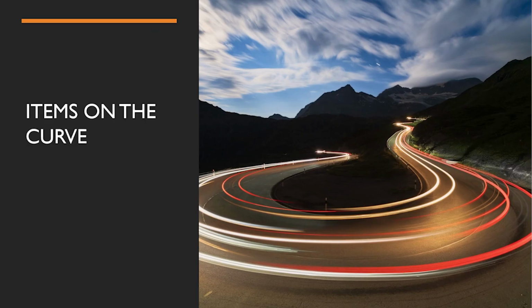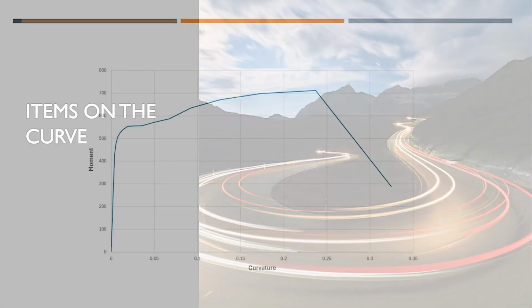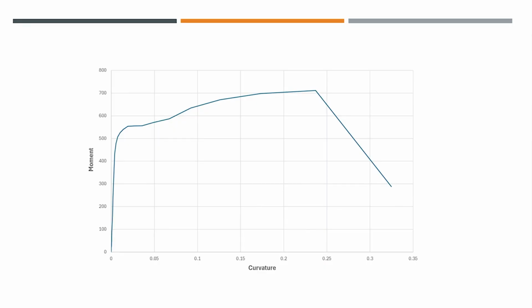So, items on the curve. This is the typical moment curvature curve. And you can see here there is a yield point kind of, and so first of all, the first cracking moment can be determined where the slope will change suddenly. Second one is the yield moment that can be determined, and then an idealized curve can be made from there.